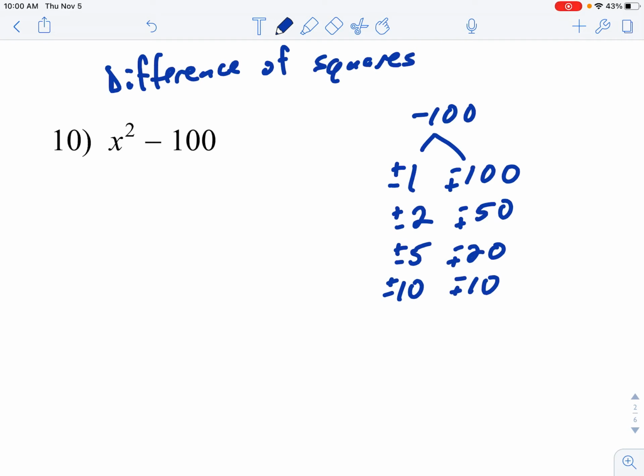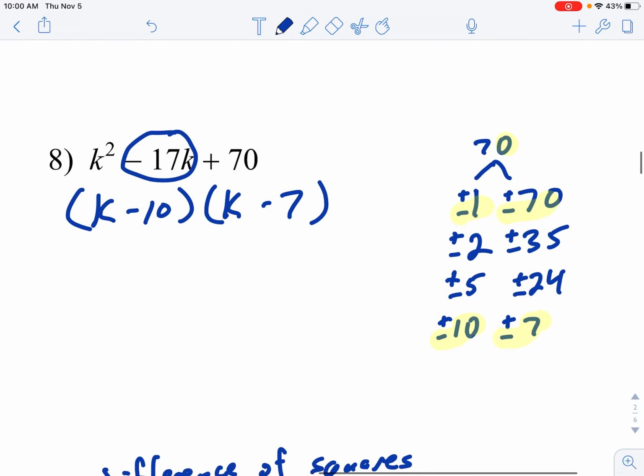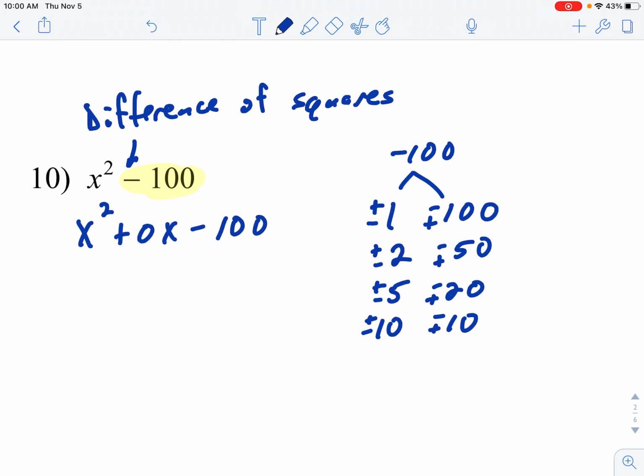There it is. So, okay, I need 2 numbers that multiply to this. That's what my whole chart is. And they need to combine to equal what? Well, there's not like that third middle term like there was on this problem. What is the middle term here? Well, if there is none, you could sort of think of it as being a 0. I mean, the number for nothing is 0, right?